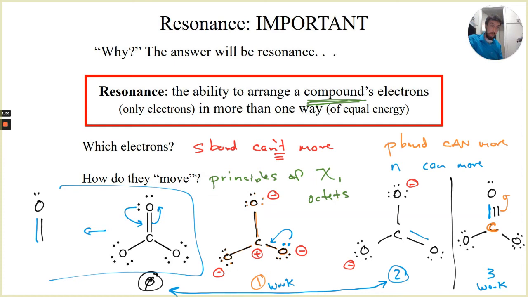The net result is that I did nothing. We moved the non-bond down to make a p bond, and then lost a p bond. The net result was no change, which means those arrows don't make any sense to do, because we aren't drawing anything new, right? And that's where it becomes challenging.